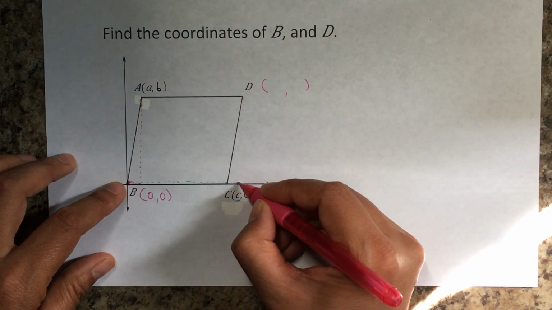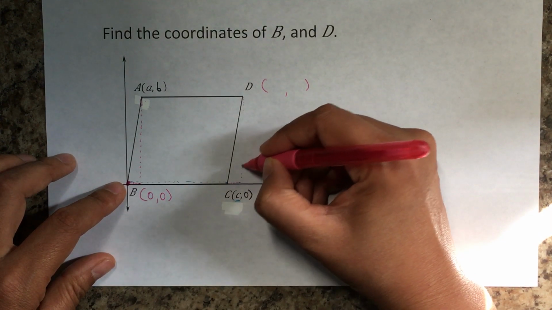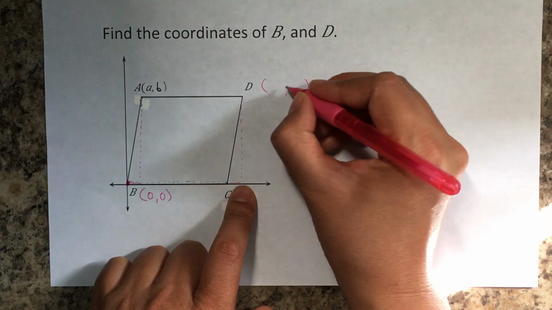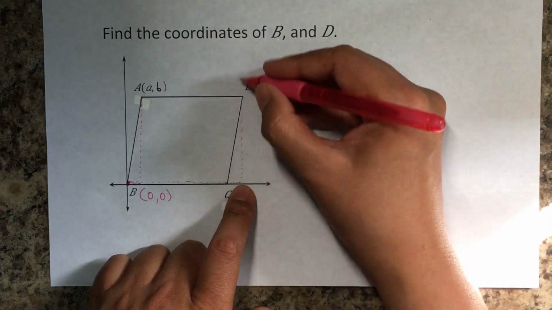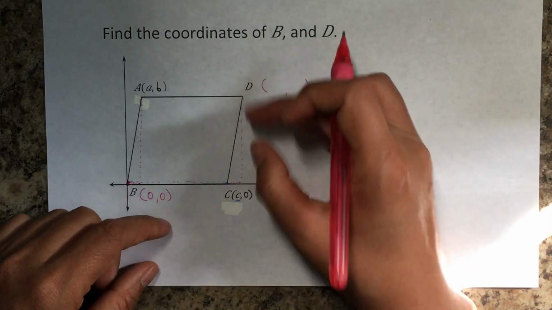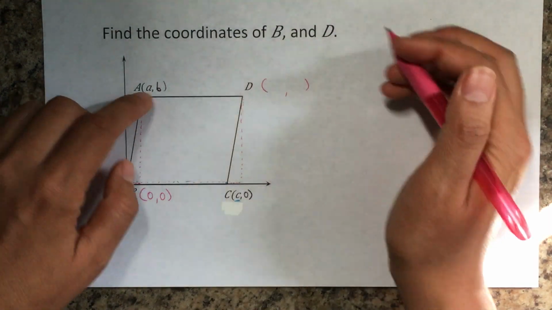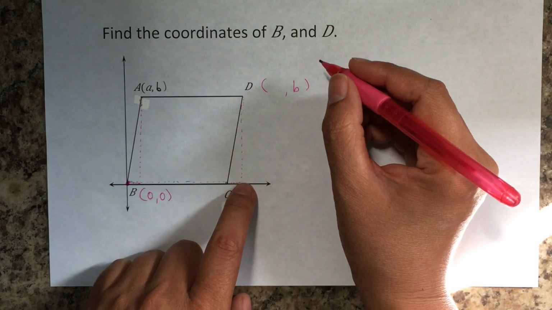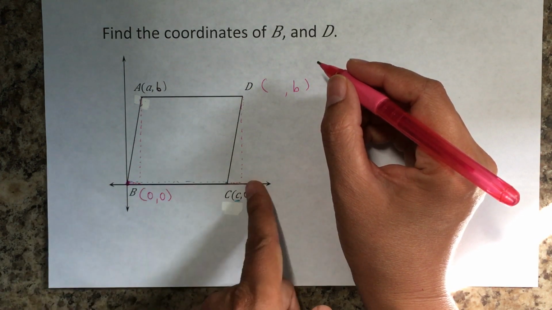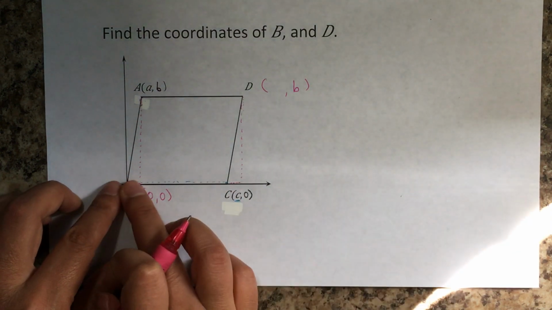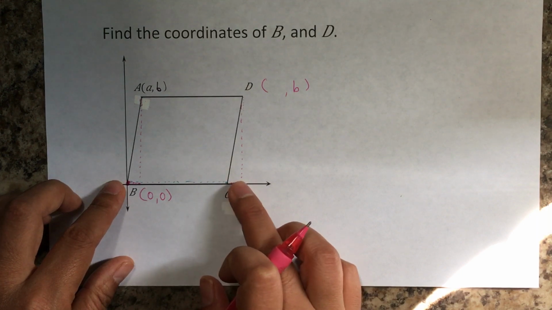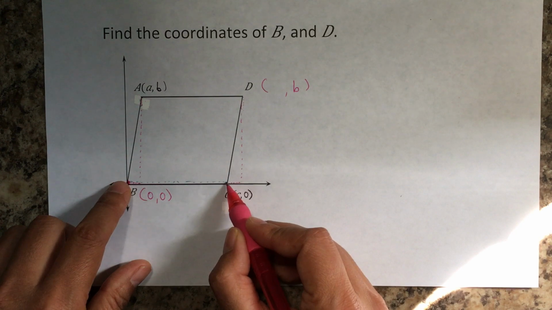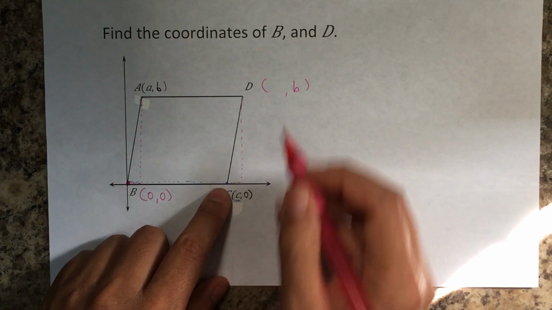So this is the same as A and then B. So I know easily that for Y, it goes up the same distance, so it's going to be B. However, what's going to be for X? Well, it's this much and then this much also I had to travel. So how much is from here to here? That's C.